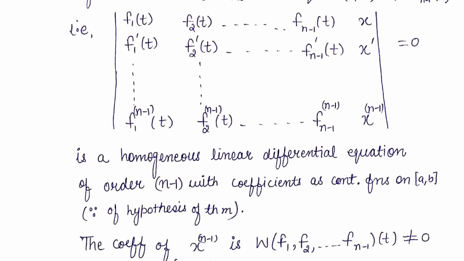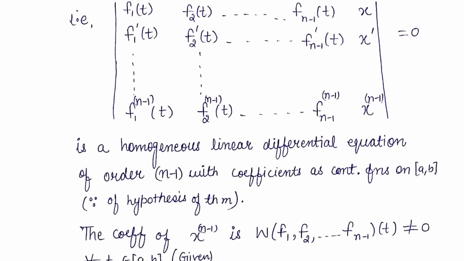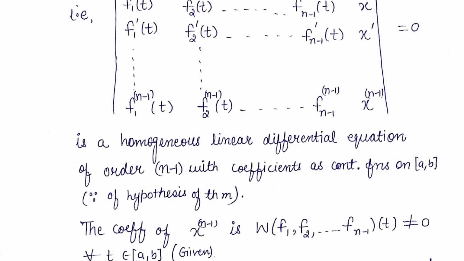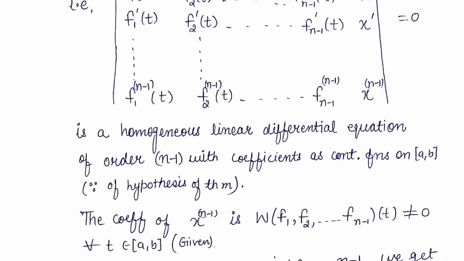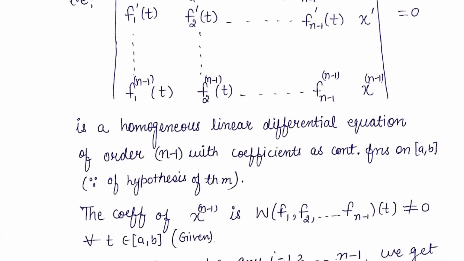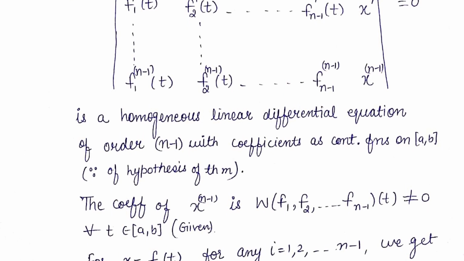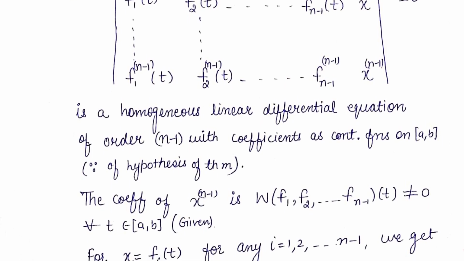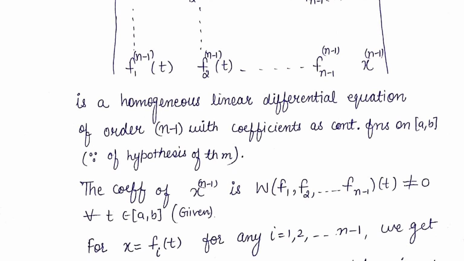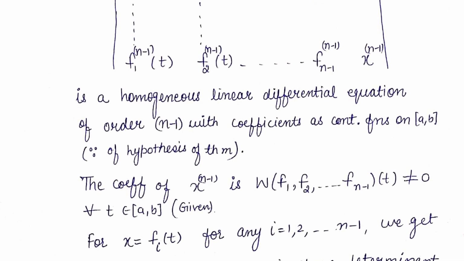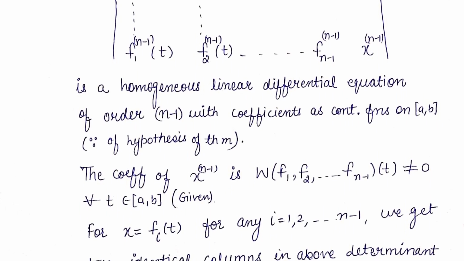So the coefficient of x^(n-1) is non-zero, and hence the order of this differential equation is n minus 1. And if you substitute x equal to fi, where i varies from 1 to n minus 1, in particular take i equal to 1, then x will become f1(t), x' will become f1'(t), x'' will become f1''(t), and so on. The (n minus 1)th derivative of x will become the (n minus 1)th derivative of f1.